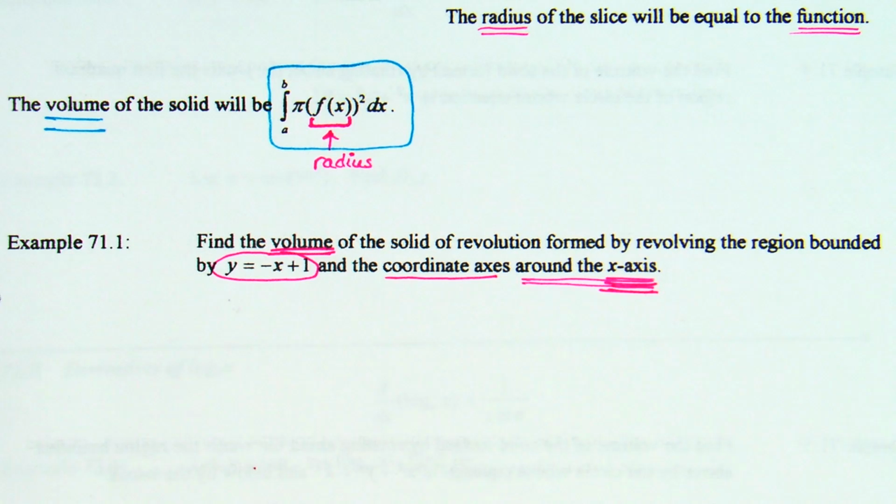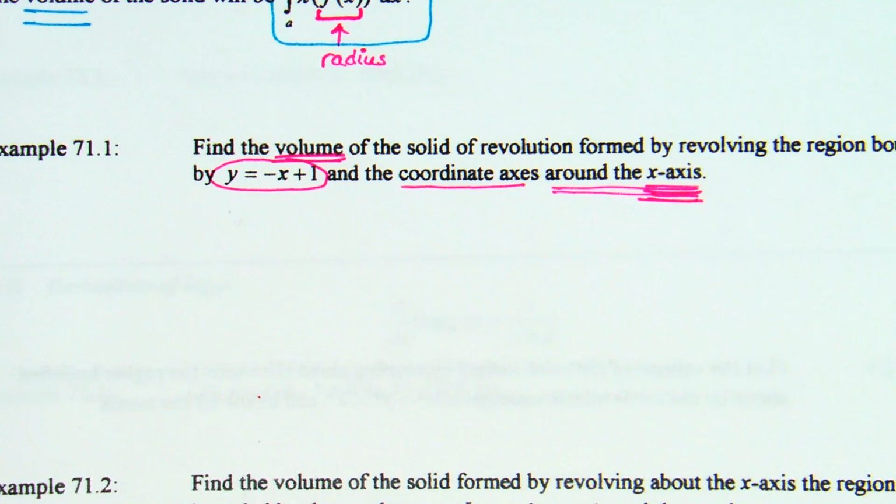So, can we look at a picture first, please? What is y equals negative x plus 1? It has a y-intercept of 1, slope of negative 1.